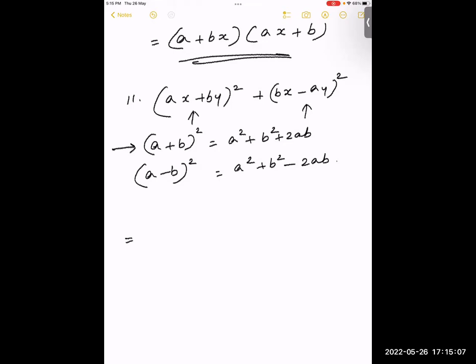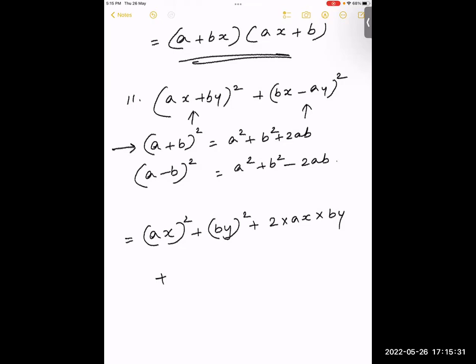So how will you apply that formula on (ax plus by) the whole square? It is (ax) the whole square plus (by) the whole square plus 2 times a is ax into b is by. That's all. So just apply that. Plus second for ax into by is axby, right?